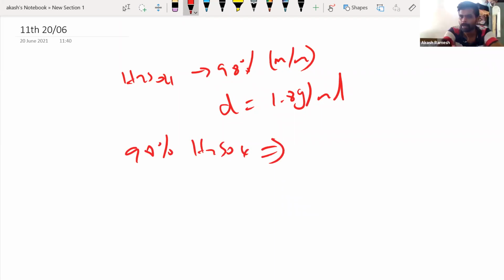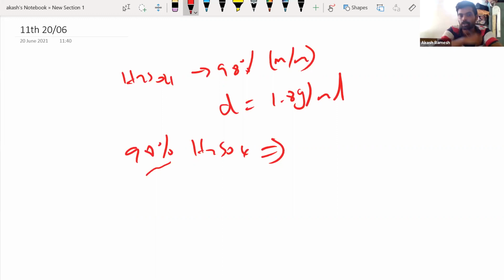Molar mass of H2SO4 is 98, but does it come from the molar mass? Sir, in the solution, 98% of H2SO4 is present in the total solution. Okay. Total solution.